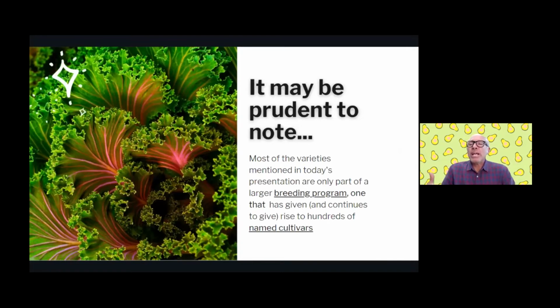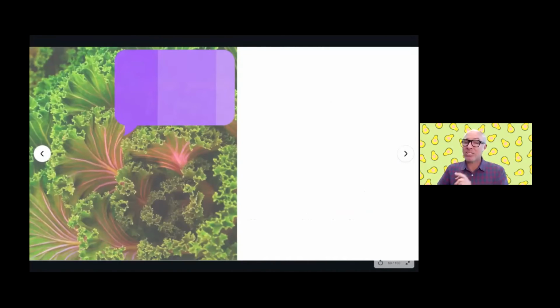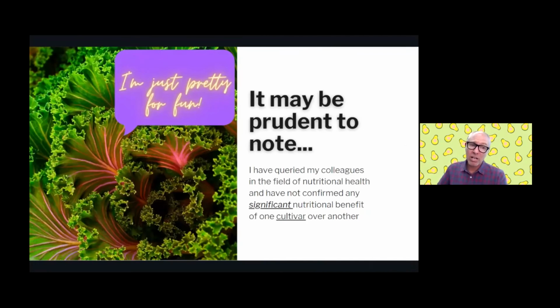There are breeding programs that have an end in mind, creating the newest, the most colorful, the largest leaf, the tenderest, all these economic drivers for creating new named cultivars. So I'm just showing you the tippiest tip of the iceberg.